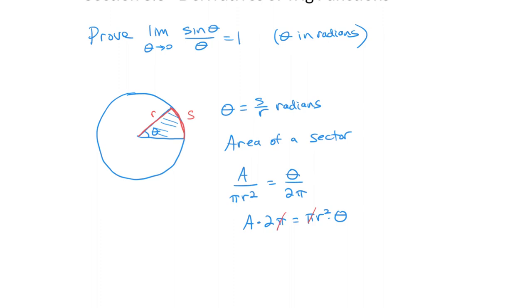And then to get area by itself, we could divide each side by 2. So we would get the area is equal to, instead of dividing by 2, I'm going to pull the half out and get area equals 1/2 r squared theta. So the area of a sector is 1/2 r squared theta. Let's just make a note of that. We'll set it aside, and we're going to have to use that in a few minutes.